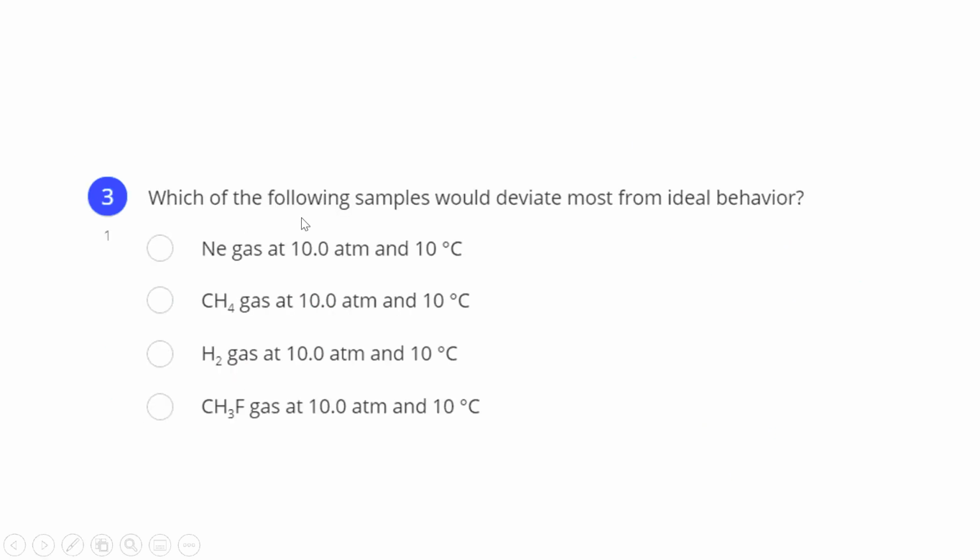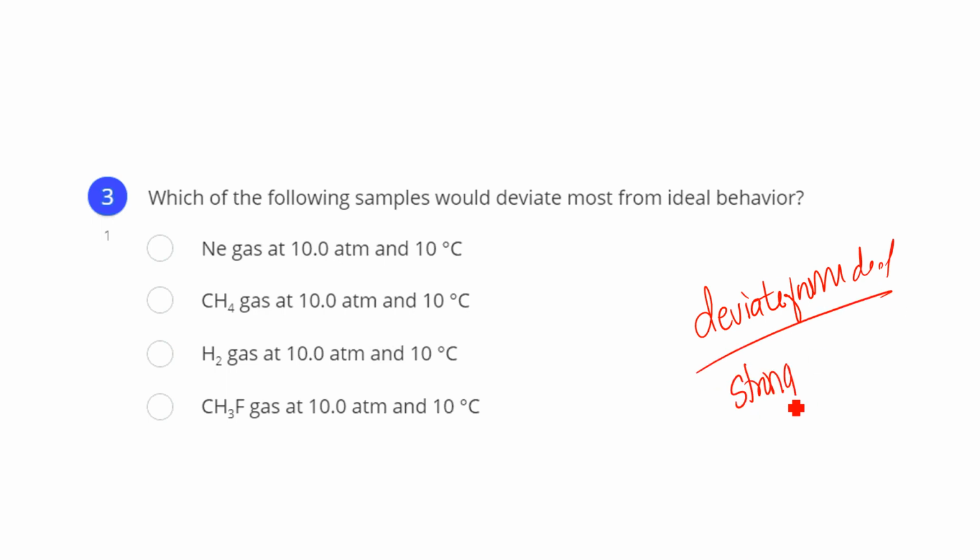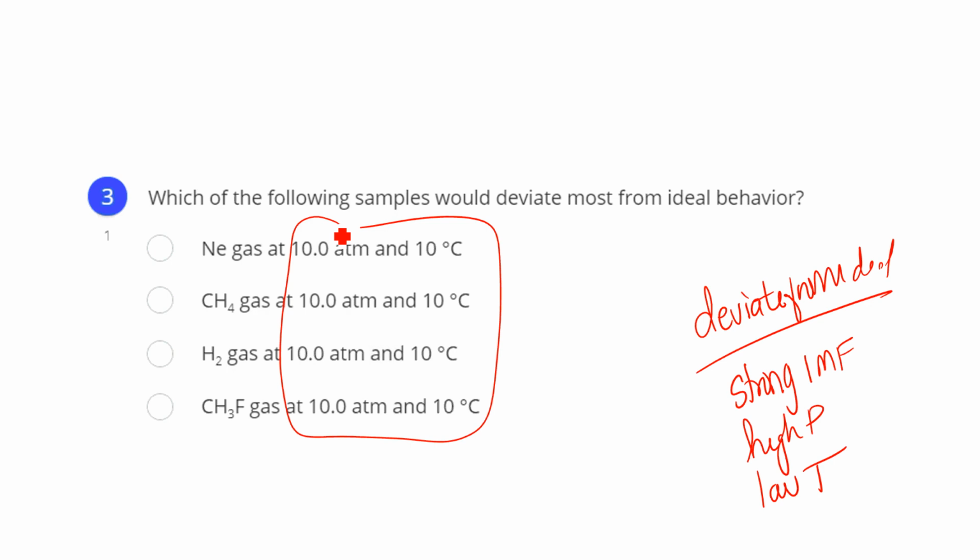Okay, here's another one. Who's going to deviate the most from ideal behavior? Remember again, the ways we deviate from ideal: if we have relatively strong IMFs, or if we're at very high pressure or low temperature. These all have the same pressure and temperature conditions, so here we want to look at the intermolecular forces.